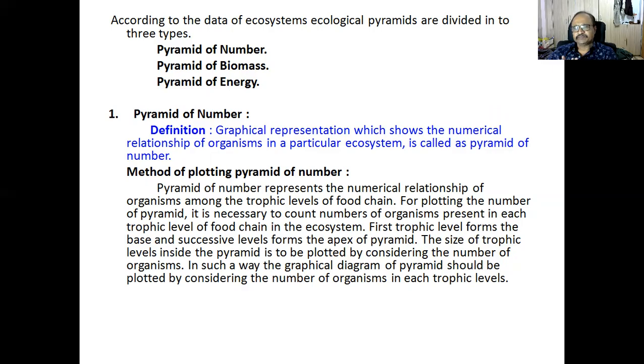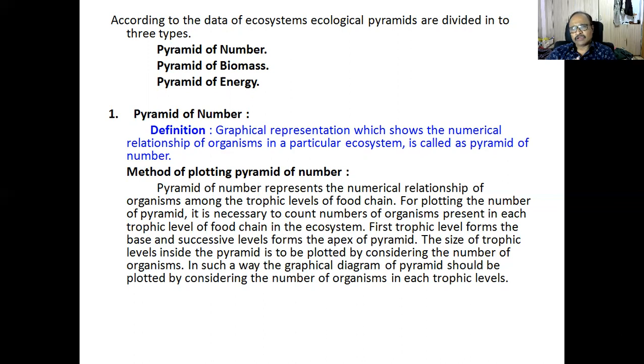Okay. In this pyramid of number, it is necessary to count the organisms present in each trophic level of ecosystem. And by the rule, first trophic level forms the base and successive trophic levels form the apex of pyramid. Okay.